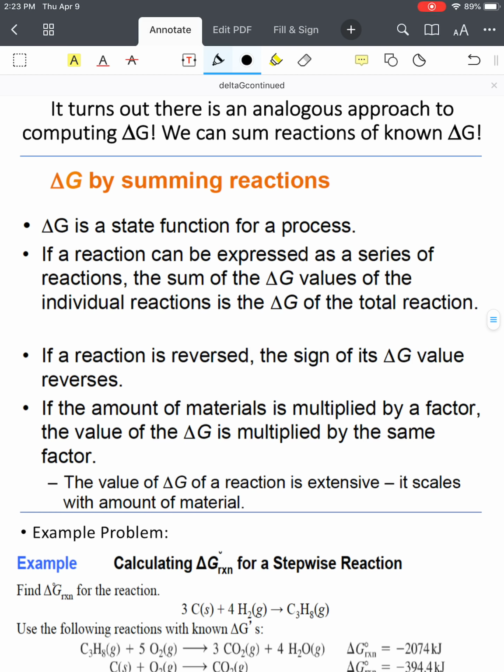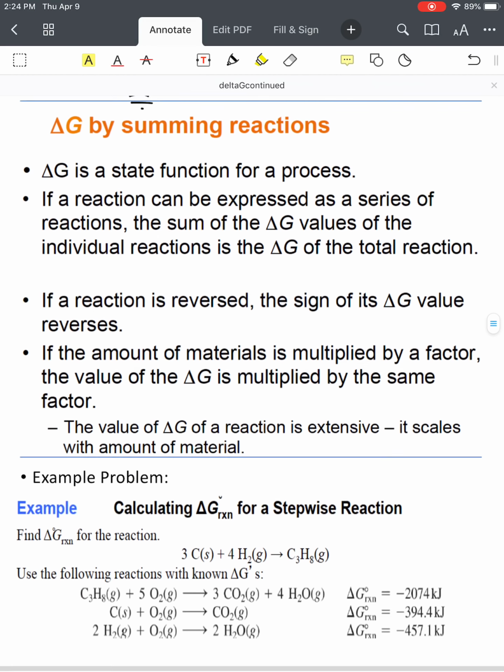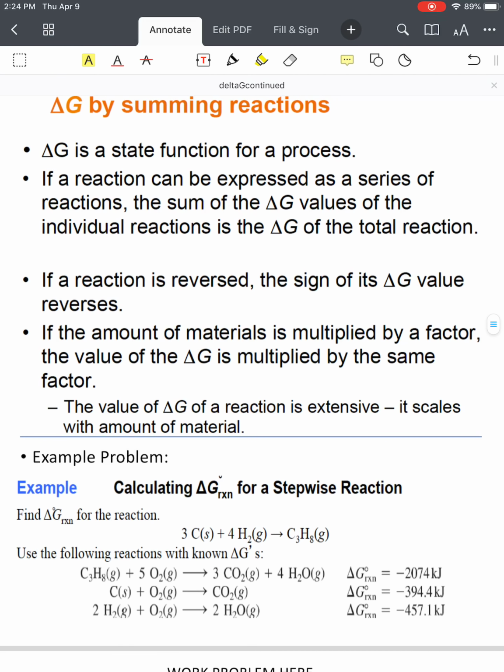So it turns out that now we're going to come back to that. And I want to show you that example because we can actually compute delta G for a reaction by summing reactions as well. And this approach is going to be almost identical to what we just considered, okay? It turns out that our change in Gibbs free energy for a particular reaction is also a state function.